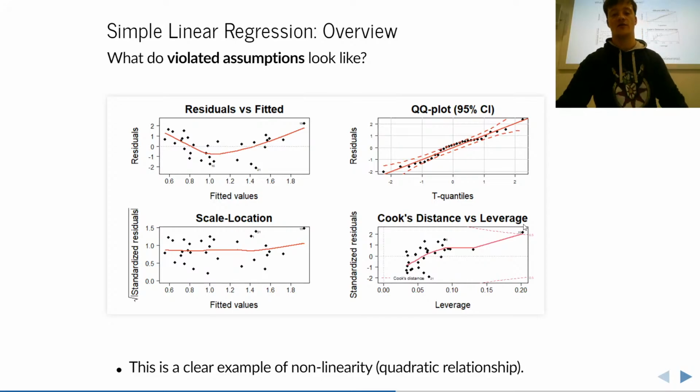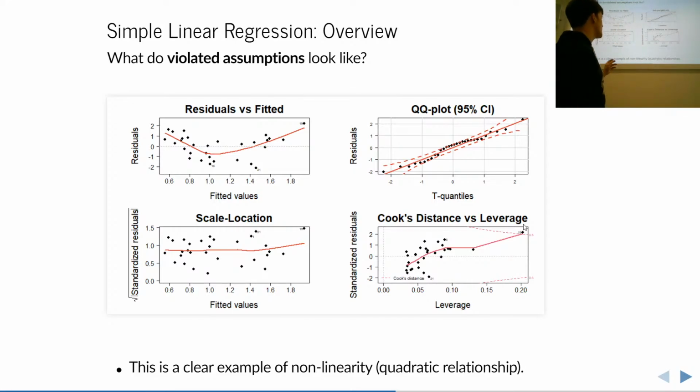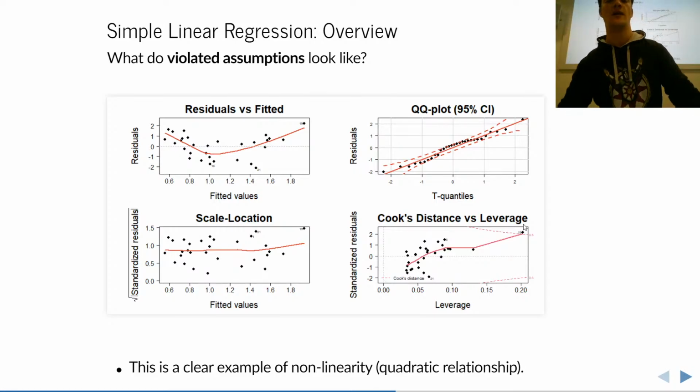That's why in the assignments I always plot all four at the same time, so that you have a complete overview of what is going on. Now, a clear trend in this residual versus fitted plot, sorry, it's been a long morning, means that there is something left that is not linear. So this is an example of violation of linearity.